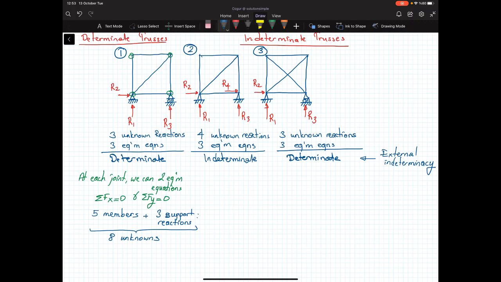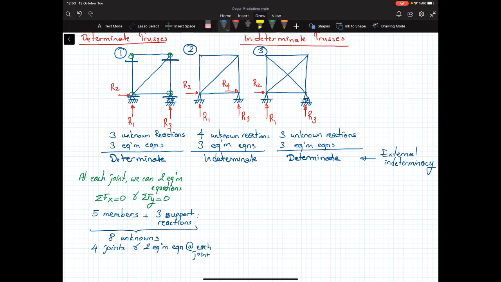How many equilibrium equations can I write to determine the truss forces? I got 1, 2, 3, 4 joints. And I can write 2 equilibrium equations at each joint.